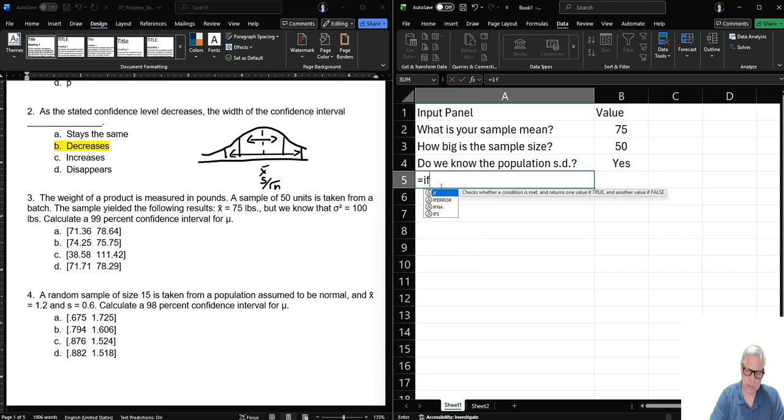So the way to do that is to say if, and now we go and highlight the cell where we have the drop-down menu and where it currently says yes. And if that cell is equal to yes, then prompt the user with the question. So we enter next a comma, then prompt the user with the question in quotation marks, what is the population SD, standard deviation, question mark.